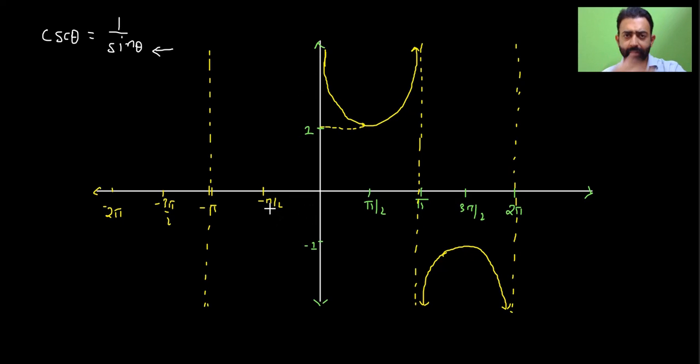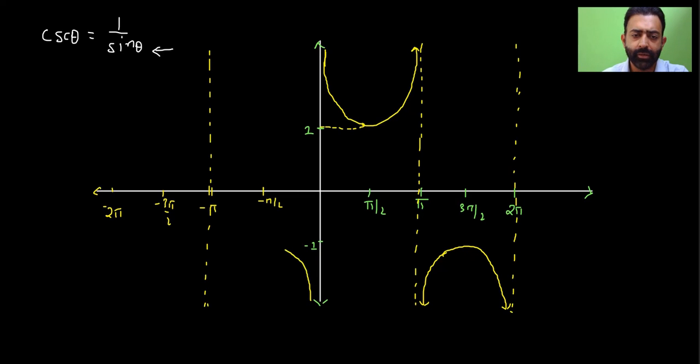In the negative direction, this is the fourth quadrant. If you measure the angle clockwise, a negative angle means you are in the fourth quadrant. So in the fourth quadrant, when theta approaches 0 from the fourth quadrant side like this, the graph will approach minus infinity.